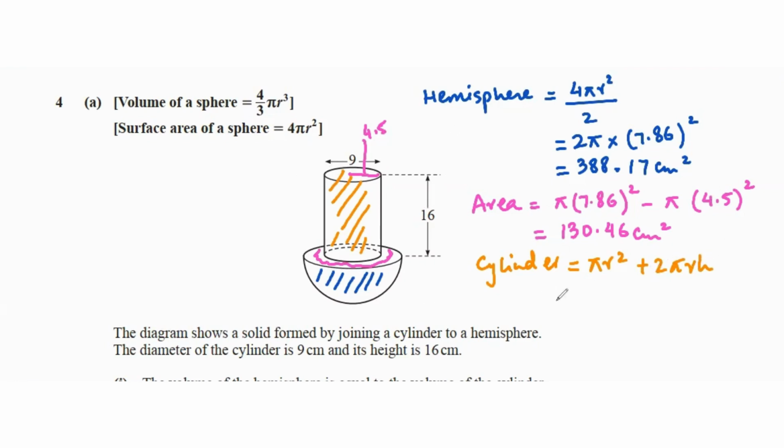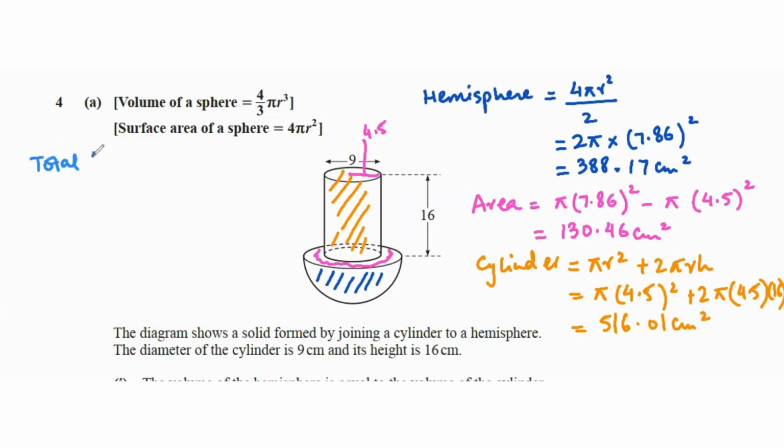So that's 2 pi r h. So we do pi times 4.5 squared plus 2 pi times 4.5 times 16. So all of this equals 516.01 centimeters squared.